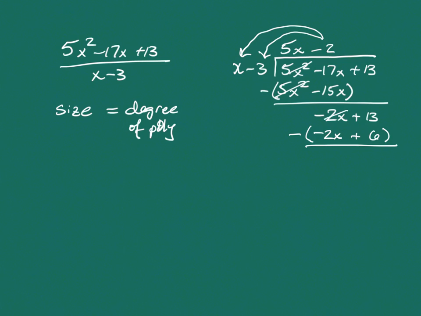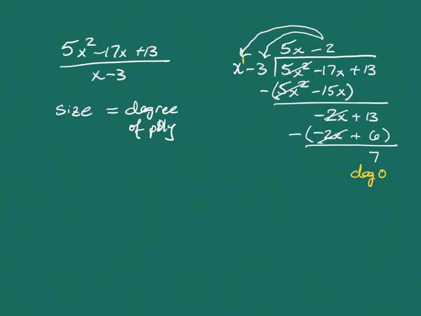My negative 2x minus a minus, so plus 2x, cancel out. 13 minus 6 gives me 7. Now I have something that is degree 0 because it's just a constant, against degree 1, and so yes, the remainder is now smaller than the divisor.